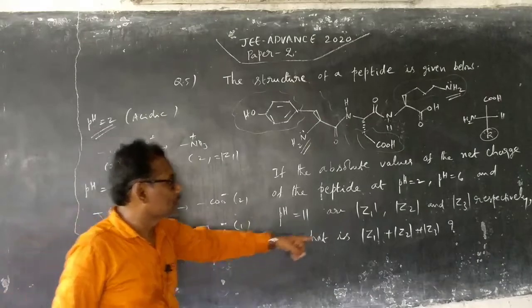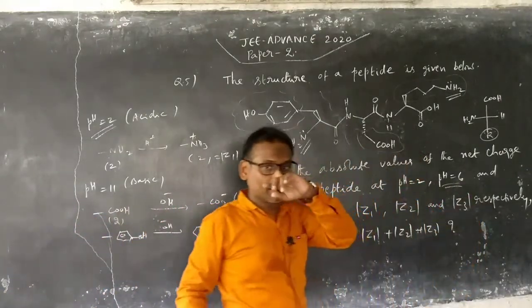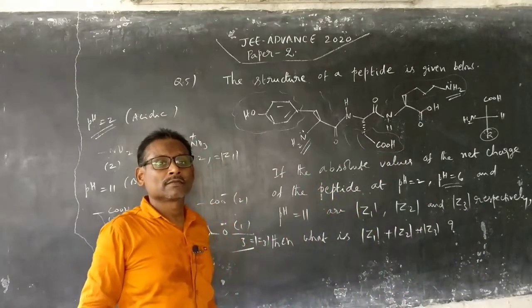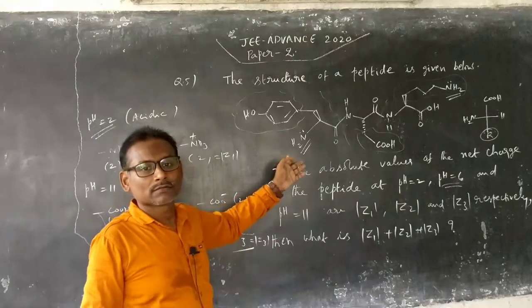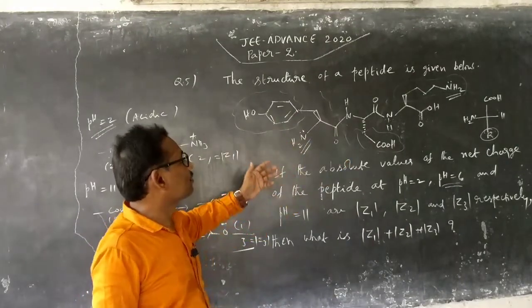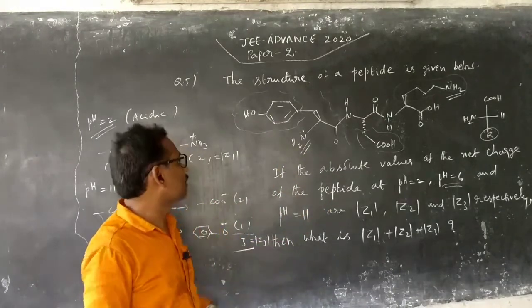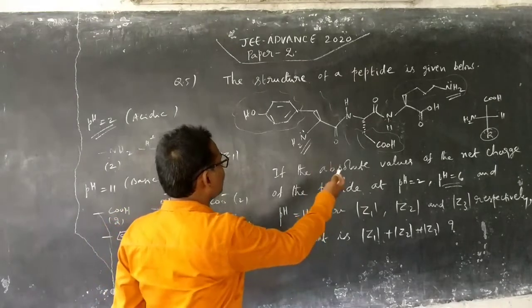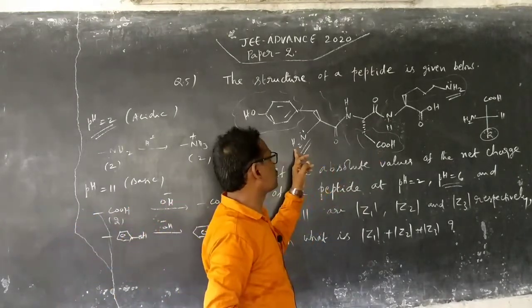Then what is Z2? Z2 happens at neutral pH, at a medium pH of 6. At pH 6, what happens? They simply exist as such. There is no question of interaction of the amine groups, or even the carboxylic acid groups. Otherwise, in neutral medium, there is a transfer of proton from COOH to NH2.